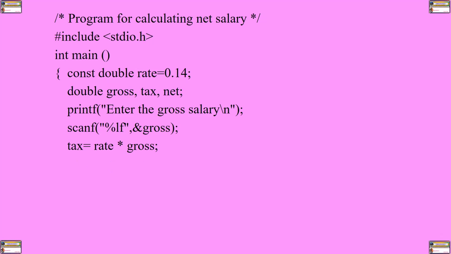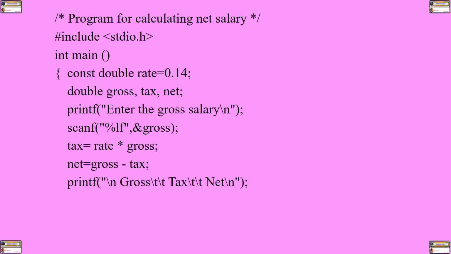Then the next statement is telling the compiler or the processor to pick the content of the memory location called tax, subtract that value from the value in the memory location called gross, and assign the result to the memory location called net.